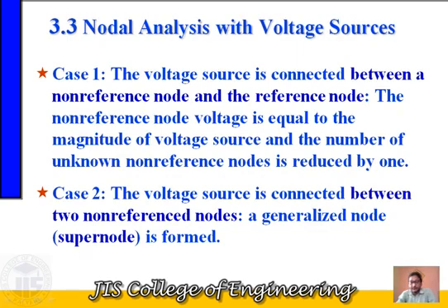If a voltage source is directly connected between a non-reference node and the reference node, then you can simply consider the reference node voltage as 0 and put the voltage source's value at that non-reference node.